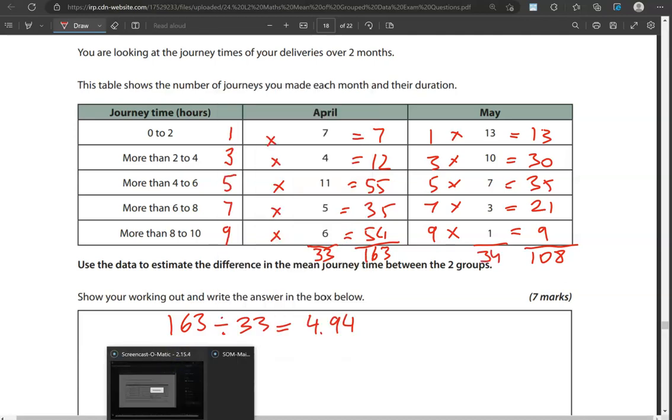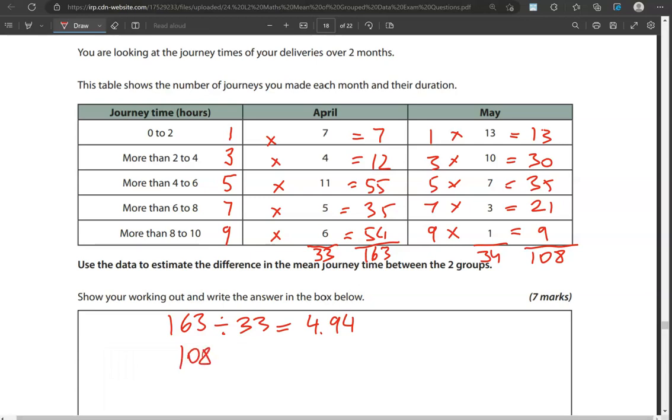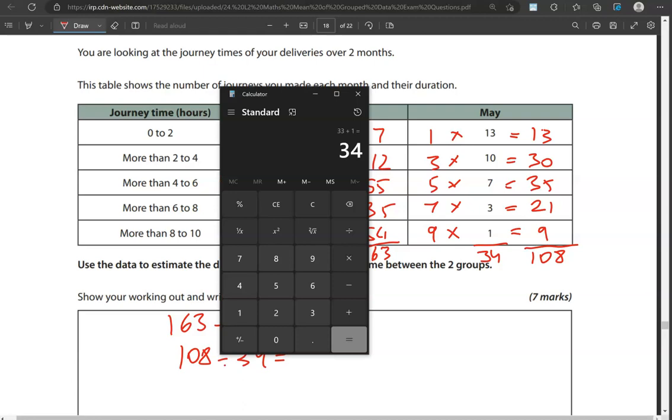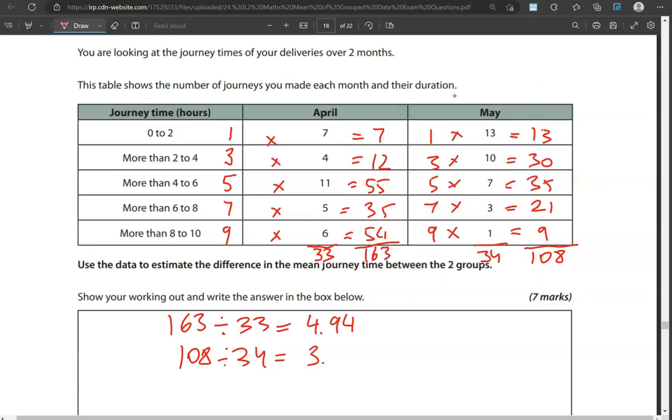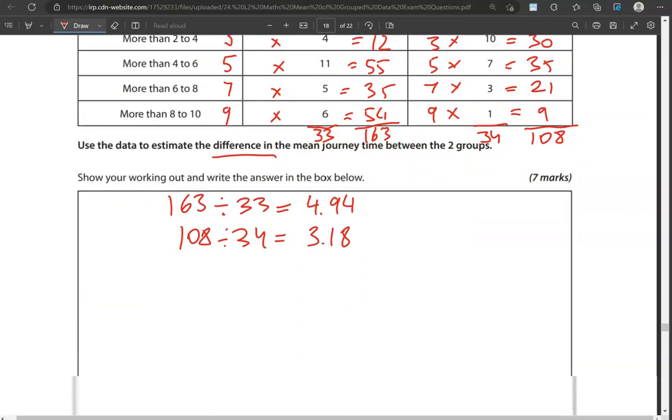So 108 divided by 34 is 3.177, or just 3.18 to 2 decimal places. So now we're going to work out the difference.